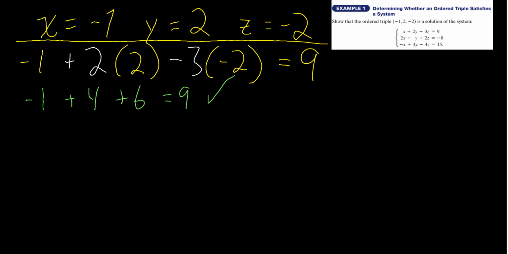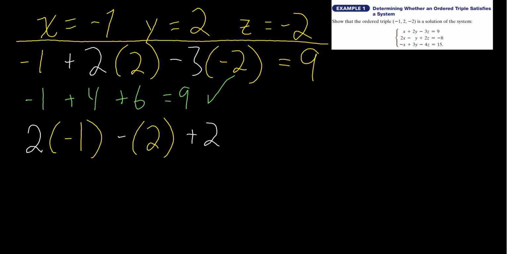So it's going to be 2 times x, which is a -1, minus y, so minus a y, which is a 2, and then plus 2z, which is a plus 2 times z, which is a -2.